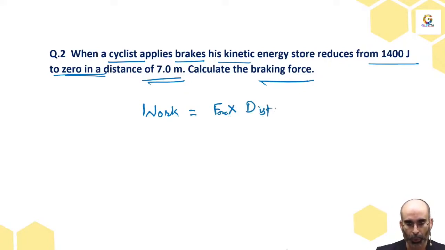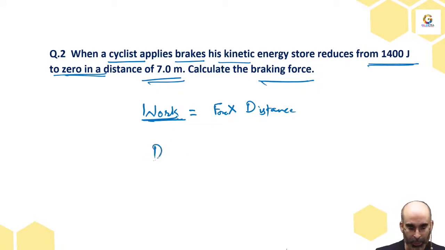This work is done at the cost of kinetic energy. So kinetic energy is becoming 0, and the work done will be 1400 joules. Very good. So change in kinetic energy equals work done.